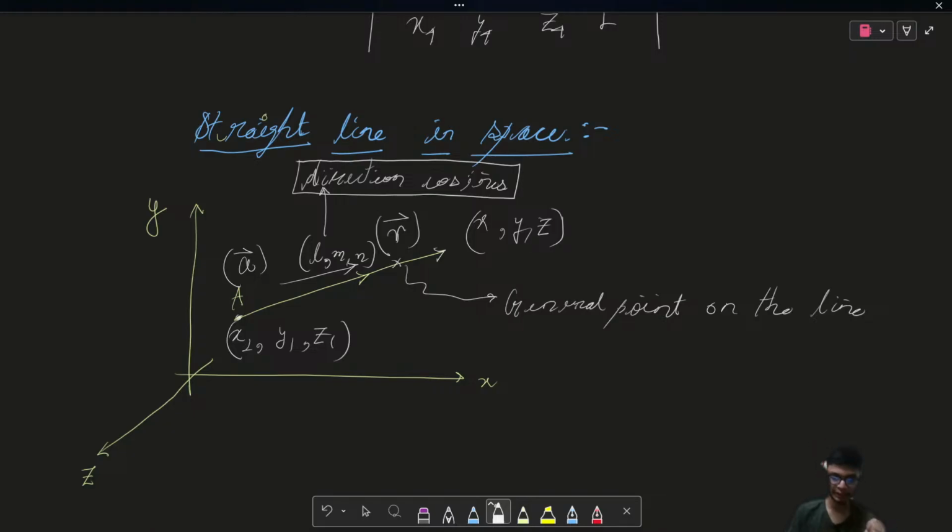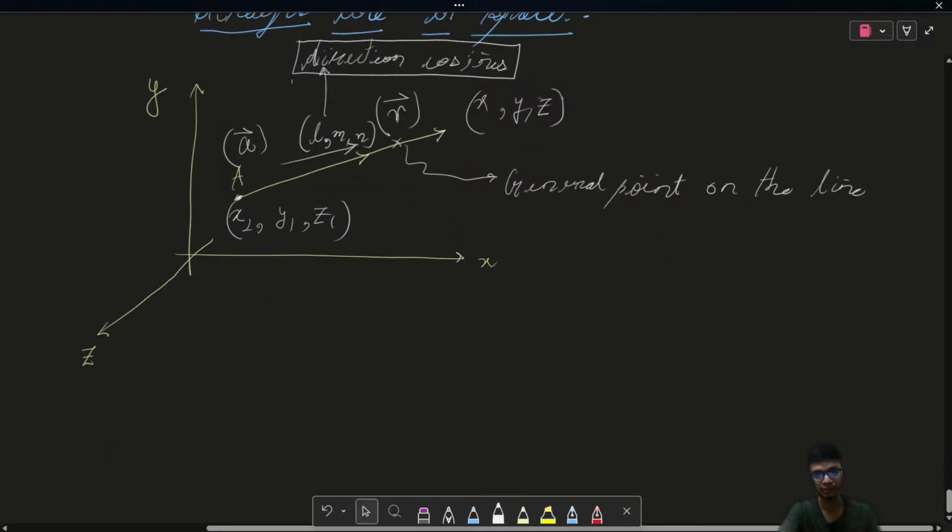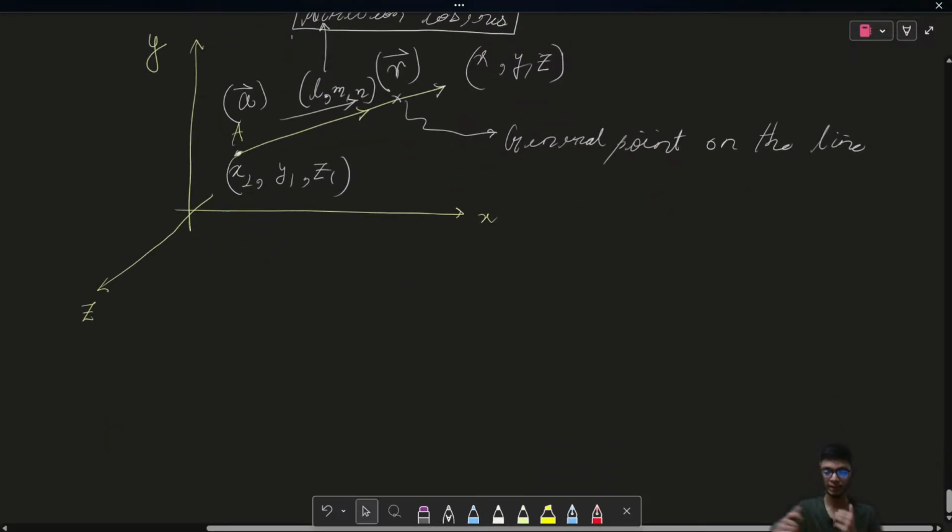Now once I have this idea, I can use this concept to generate the equation of this straight line in space. In order to discuss the equation of the straight line in space, I can go about it by two formulations. One is the Cartesian form and another is the vector form, which are related to each other. Let us first of all discuss the vector form, right?